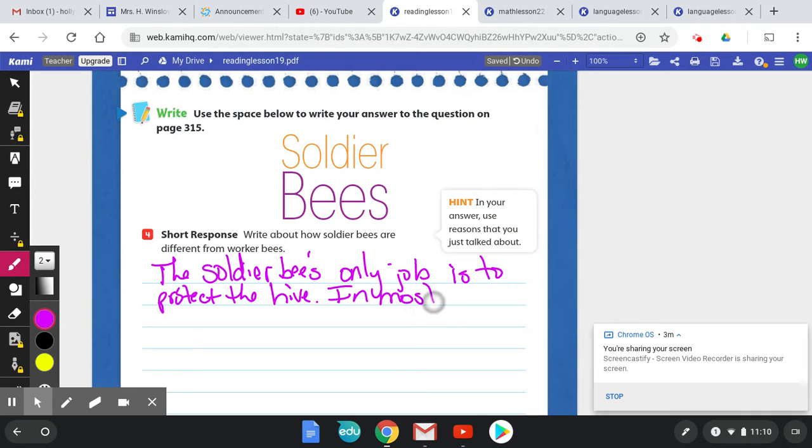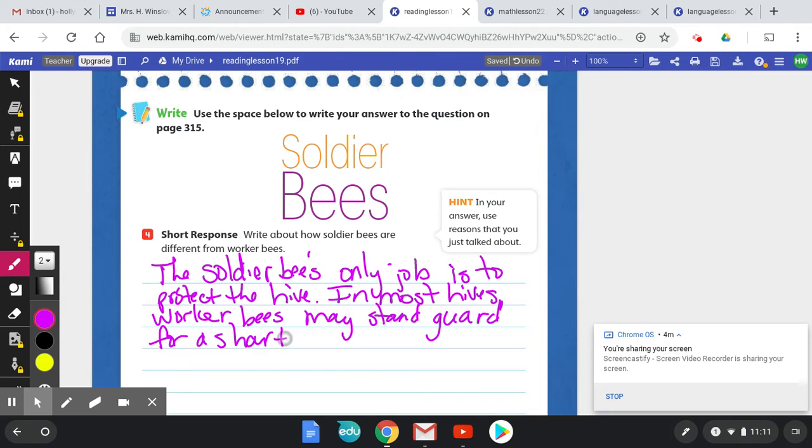In most hives, worker bees may stand guard for a short time, but they have other jobs to do.